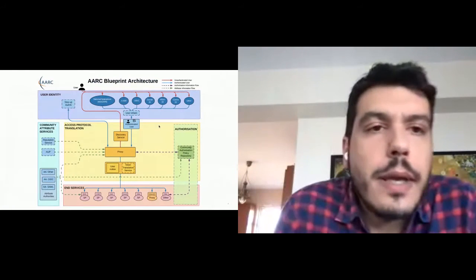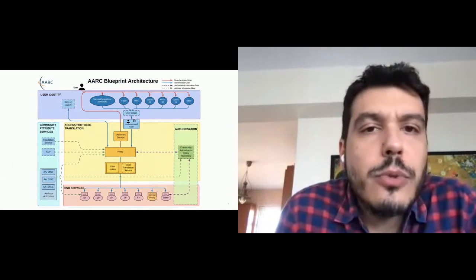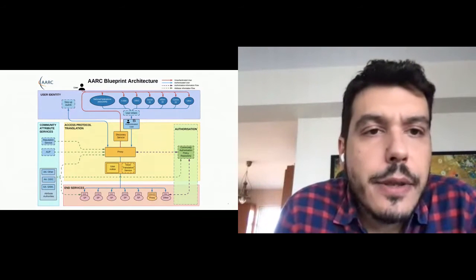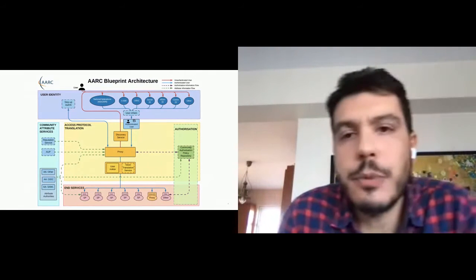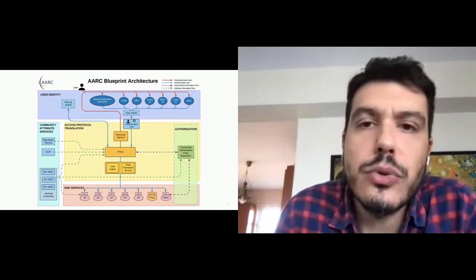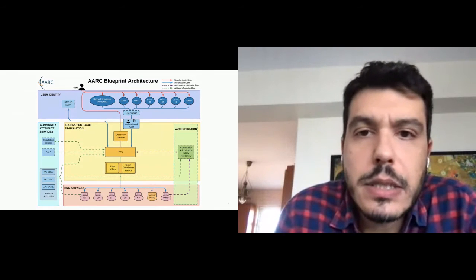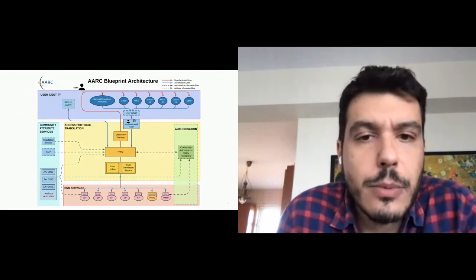Yes, so starting from top to bottom, we have the purple layer, the user identity layer, which contains the services, the identity providers that allow researchers to use identities that can be used for joining the collaboration.